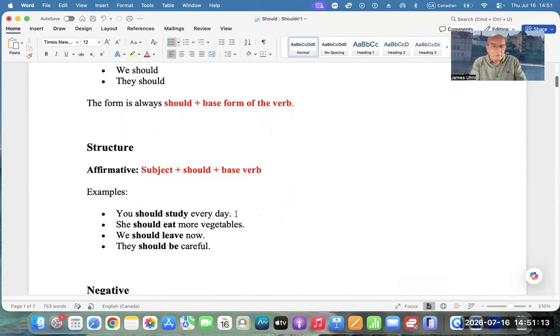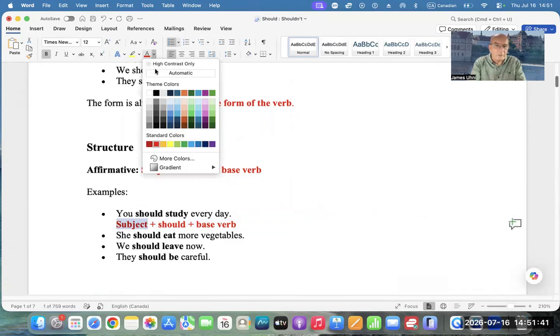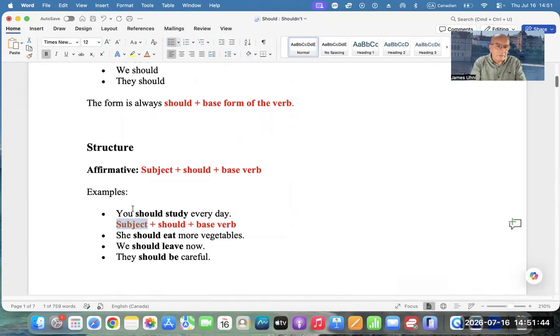So let's use one example and see how it works. Subject. What is subject? We already mentioned it. We'll put it in orange color. And subject is you.